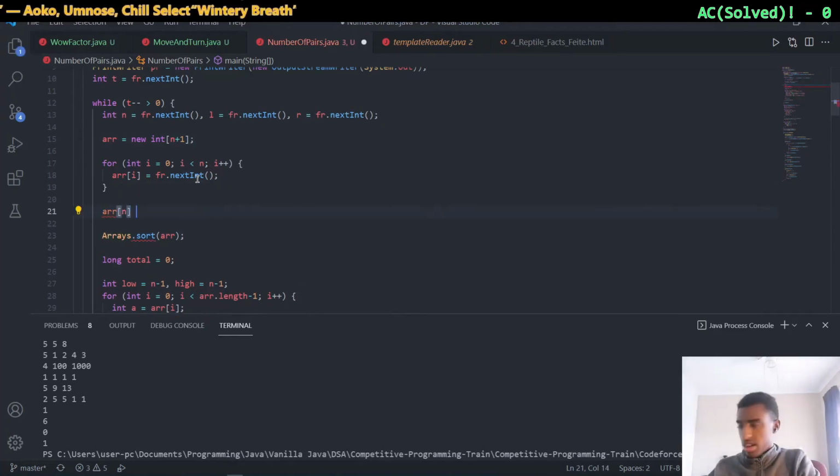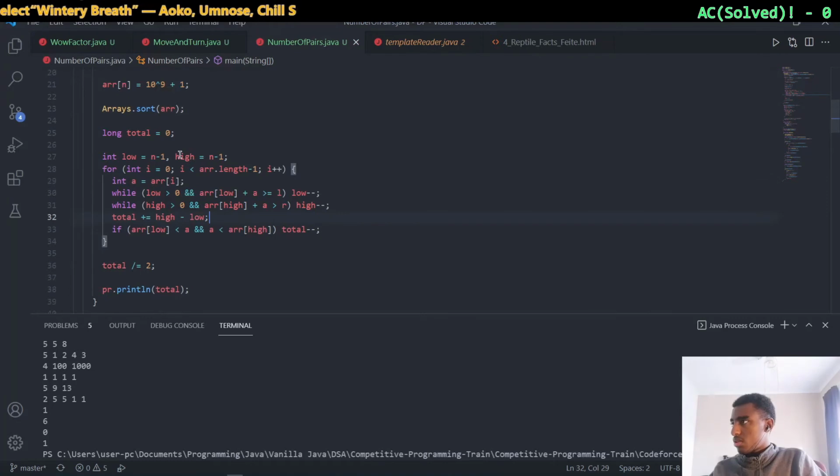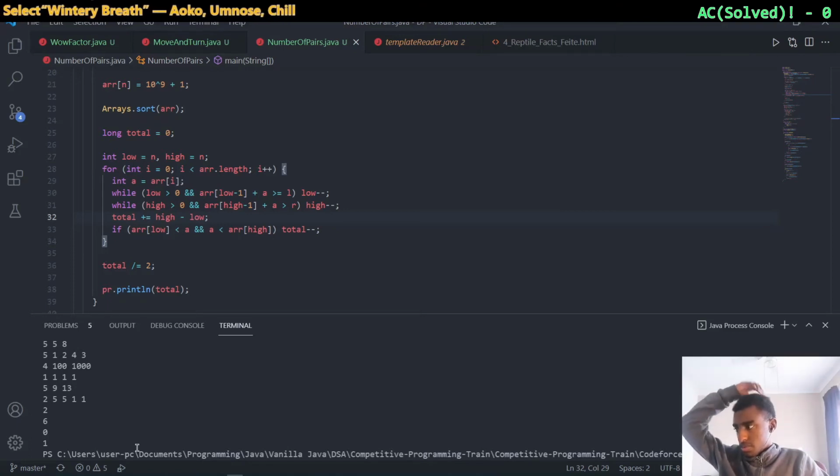It's going to say Rn to 10^9 plus 1. And these guys initially get n. Now we get 6 instead of 7.